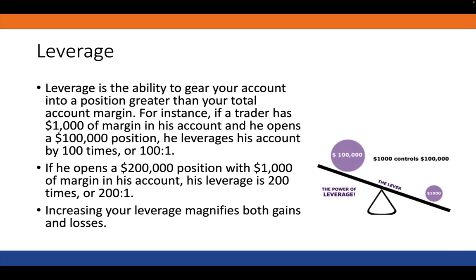So if you have $1,000 and a leverage of 100, it means you've been given 100 times more than the money you have deposited, so that you can open trades that are normally expressed in thousands of dollars, and you don't have that amount of money. Probably you just have $100 to trade with.